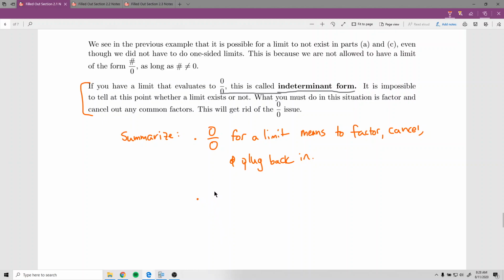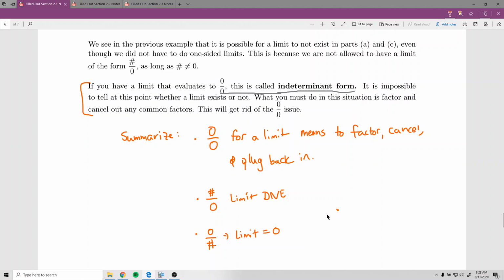And I'll just recap the other things because this can still happen. I'm not saying everything we do from now on is going to be 0 over 0. If you get a number over 0, the limit does not exist. If you get 0 over a number, that's just 0.